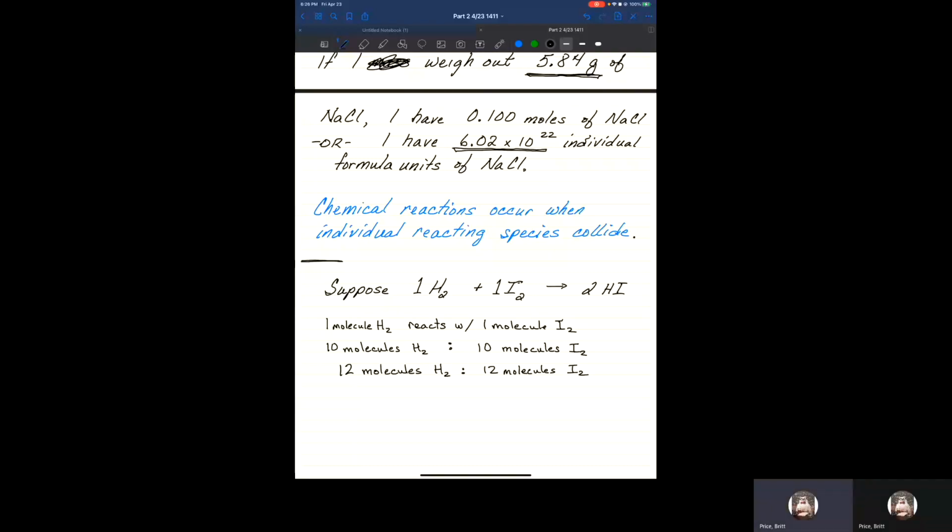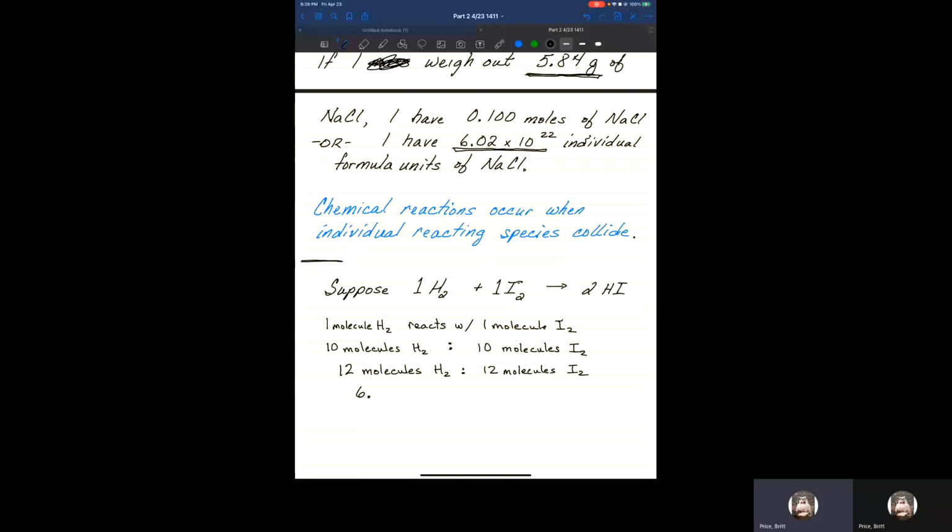So instead of talking about these little things, again, chemical reactions occur when individual reacting species collide. So one molecule H2 reacts with one I2.